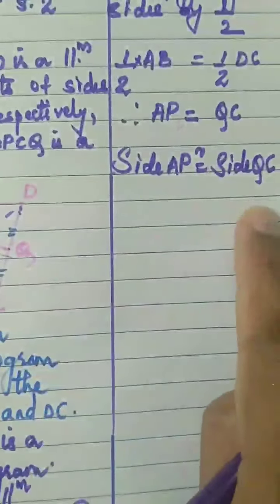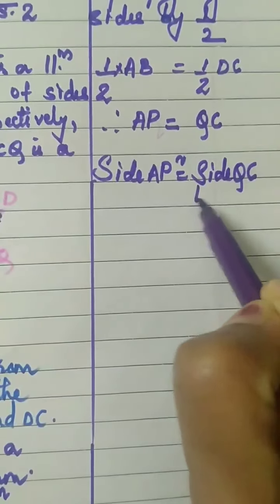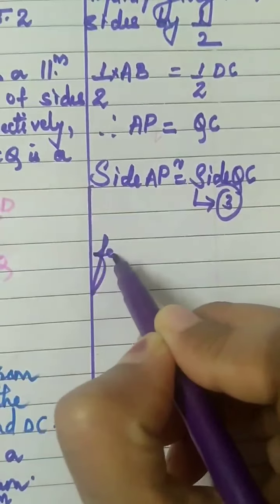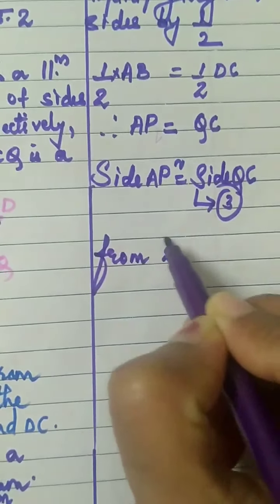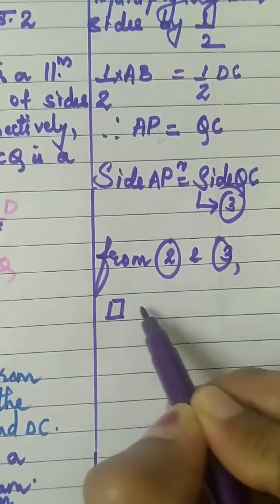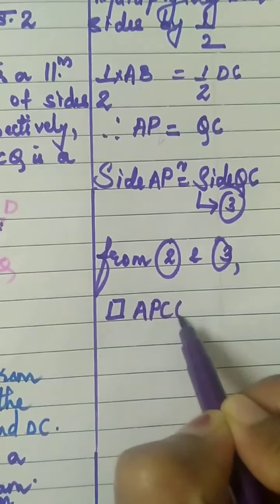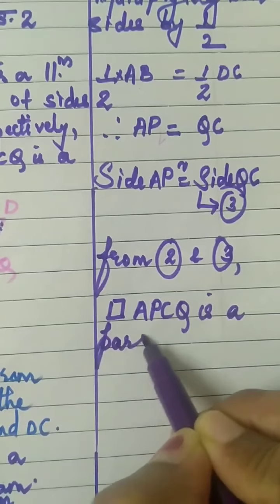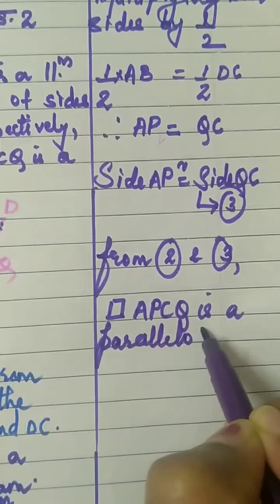Now we got AP congruent to QC. So this you give as number 3. And then write, from 2 and 3 we can conclude that quadrilateral APCQ is a parallelogram.